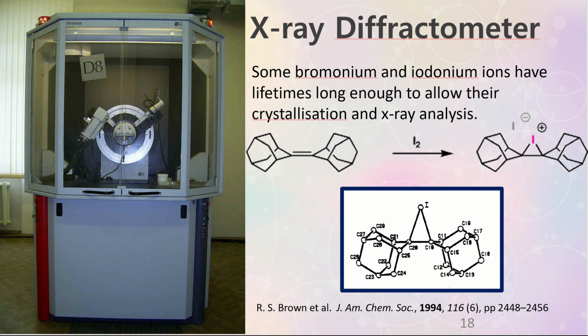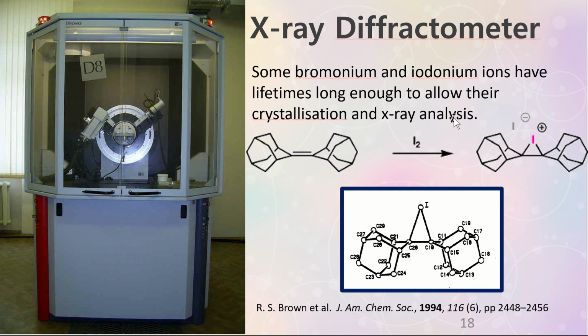All right, so here we're seeing on screen the X-ray diffractometer. Some bromonium and iodonium ions have lifetimes long enough to allow their crystallization and X-ray analysis. Remember what we said previously, that it's very uncommon to isolate an intermediate, right?